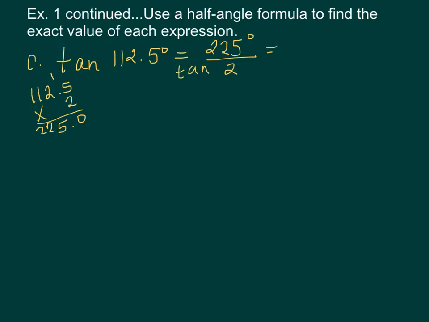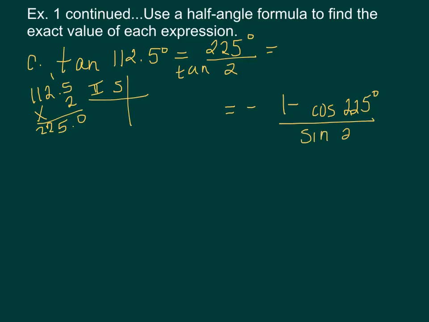And because 112.5 is in quadrant 2, where sine and cosecant are the only ones that are positive, we have to use the negative formula for tangent. So it'll be negative 1 minus cosine of my angle, which is 225, divided by sine of 225.